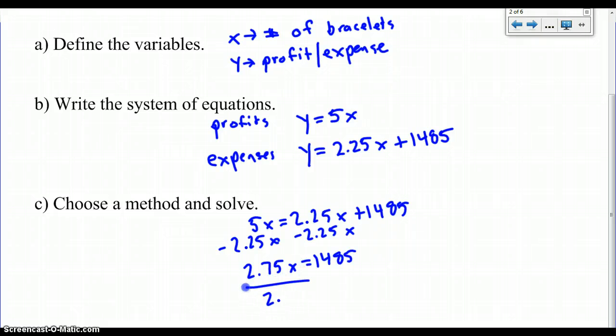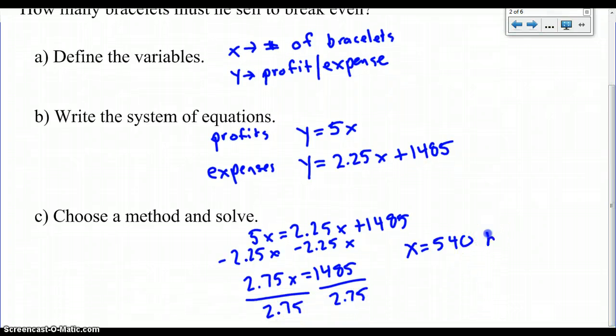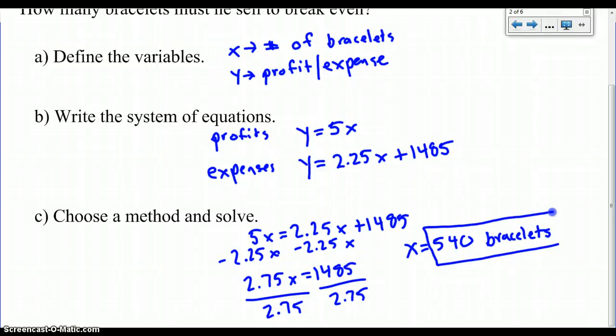A little division here, and x equals 540. The question was, how many bracelets must he sell to break even? And there's your answer. He has to sell 540 bracelets.